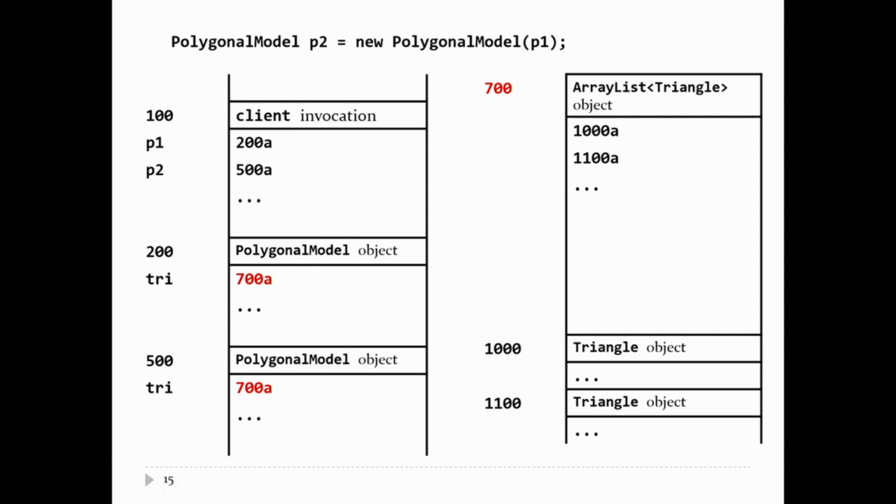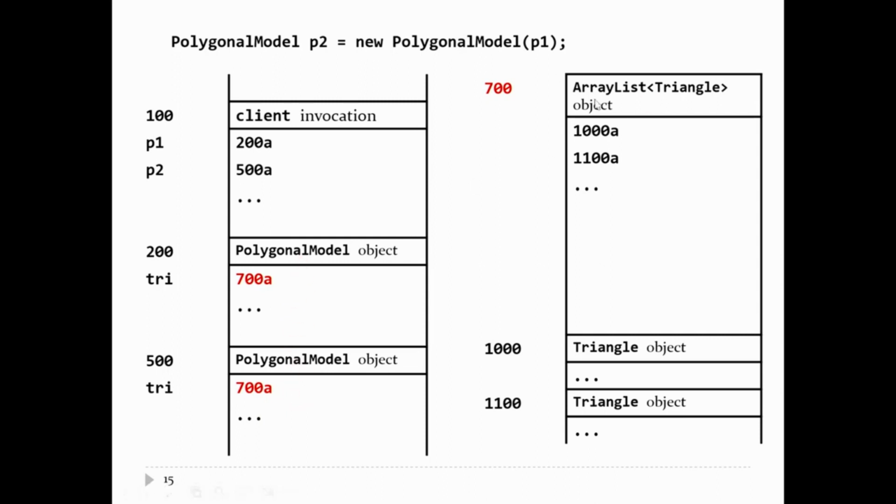So in a picture, this is what would happen. If I have a polygonal model P1, and I make a copy of it using the copy constructor and assign that model to P2, there's your first model P1, there's your second model P2. Inside each model, there's a list of triangles, and these are the same lists. They refer to the same list object, which is up here.